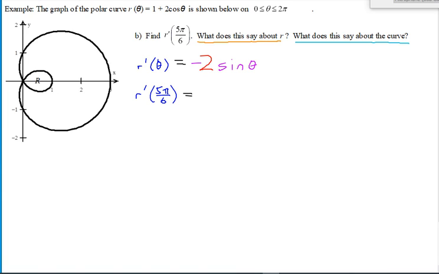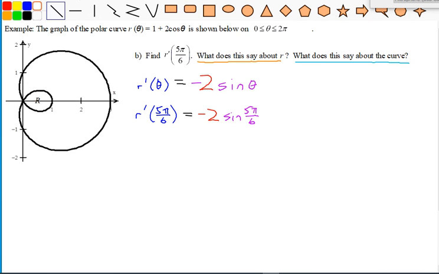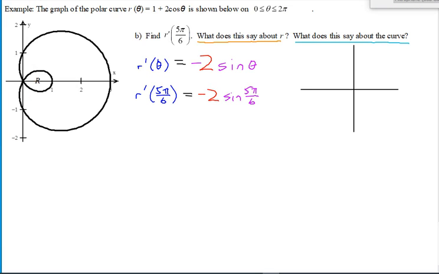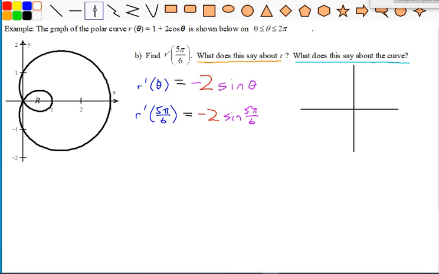That will give us -2 times the sine of 5 pi over 6. So let's figure out what the sine of 5 pi over 6 is. 5 pi over 6 is a little bit less than pi, which is 6 pi over 6. So it'd be in the second quadrant.